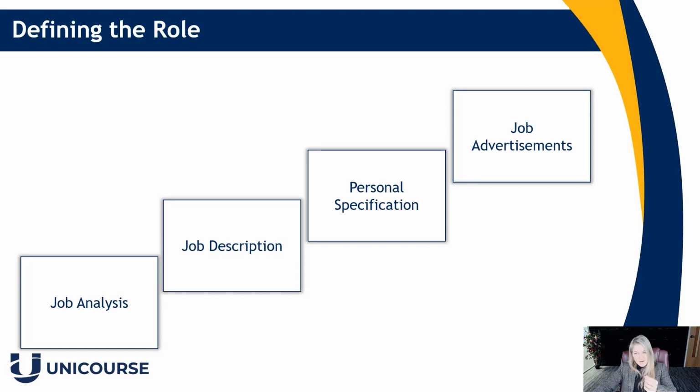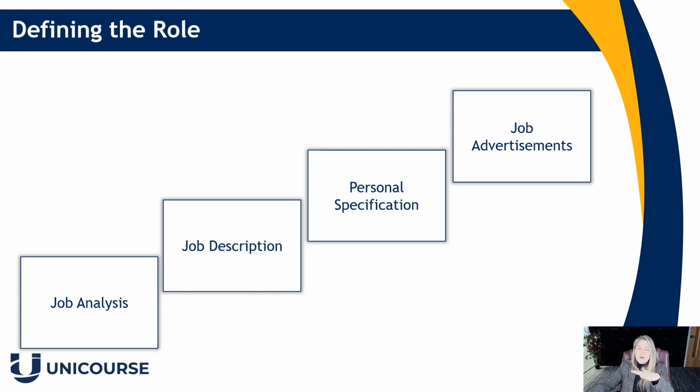It's important to really analyse what's needed for the job in order to provide the job's purpose and the duties involved, how and where it could be carried out, what outputs would be expected by the job holder, and how it fits with the organisational structure as well. And the job description goes into a little bit more detail of that.